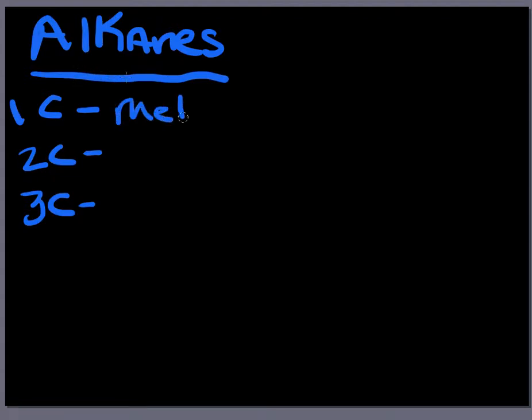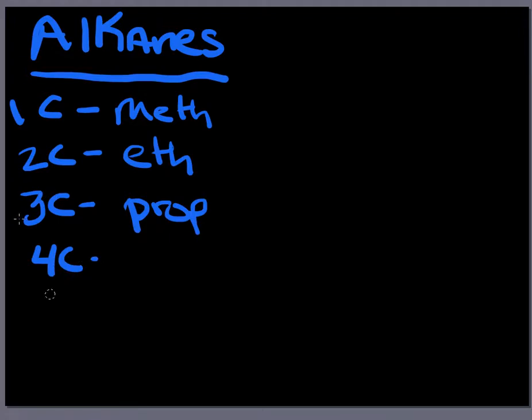So we're basically looking at the number of carbons. So 1 carbon, 2 carbons, 3 carbons, and then giving them a prefix within the name. So 1 carbon would be meth, 2 carbons would be eth, and 3 carbons is prop, 4 carbons, 5 carbons, 6 carbons, 7 carbons, 8 carbons.